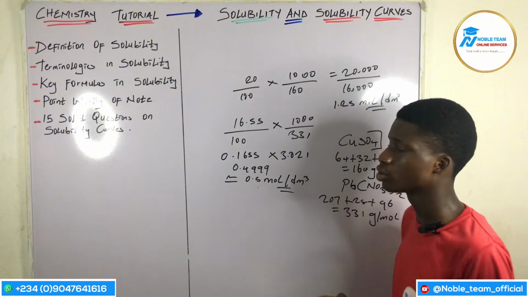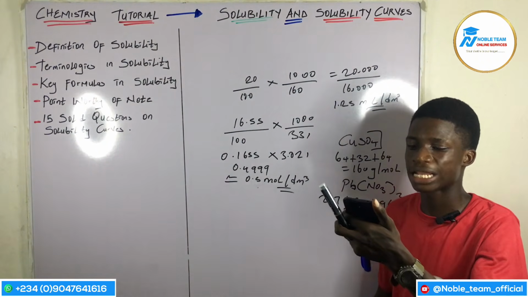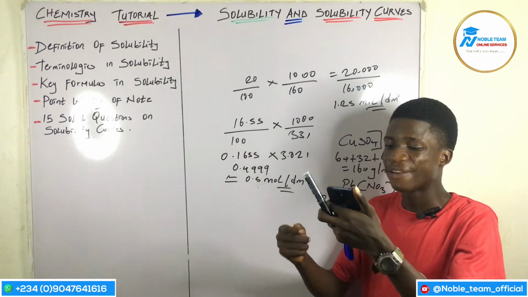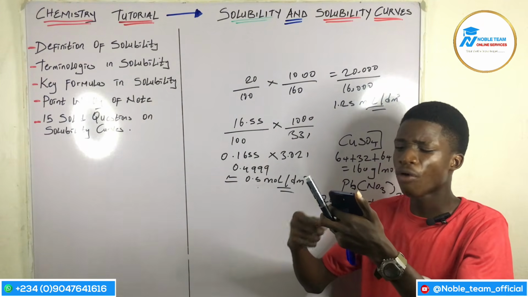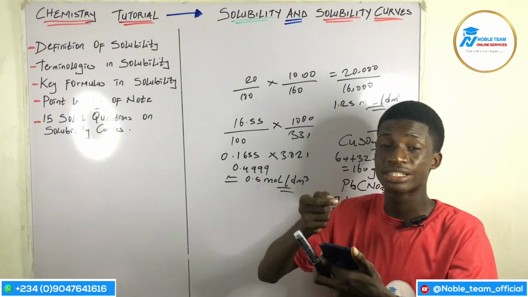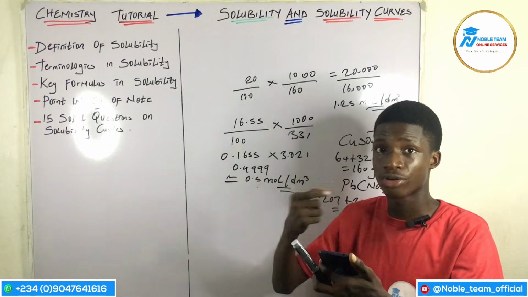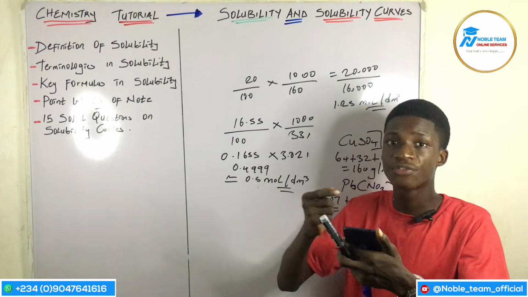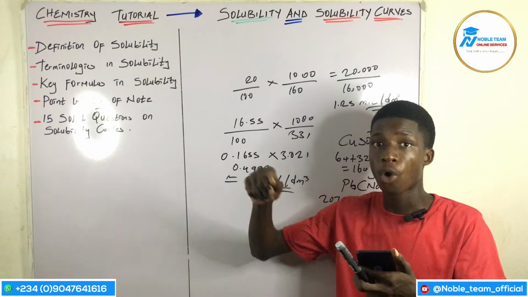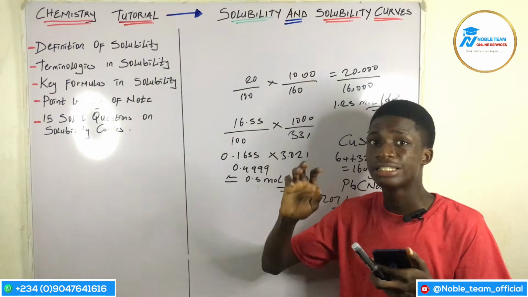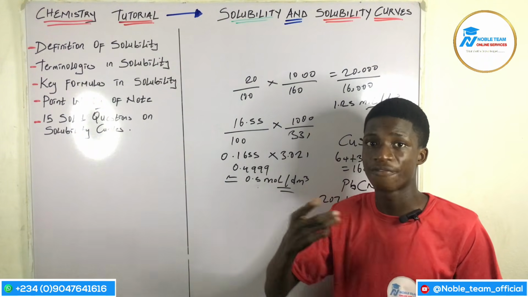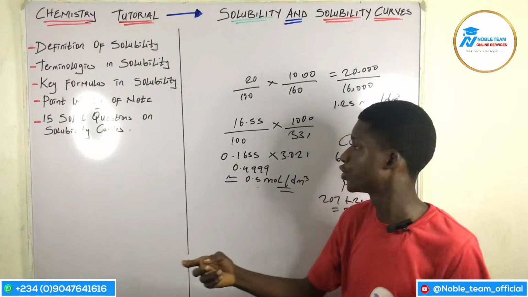Which formula are we going to use? I'm going to be using the formula that says mass of the solute divided by molar mass of the solute, multiplied by 1000 divided by the volume of the solvent in centimeter cube.